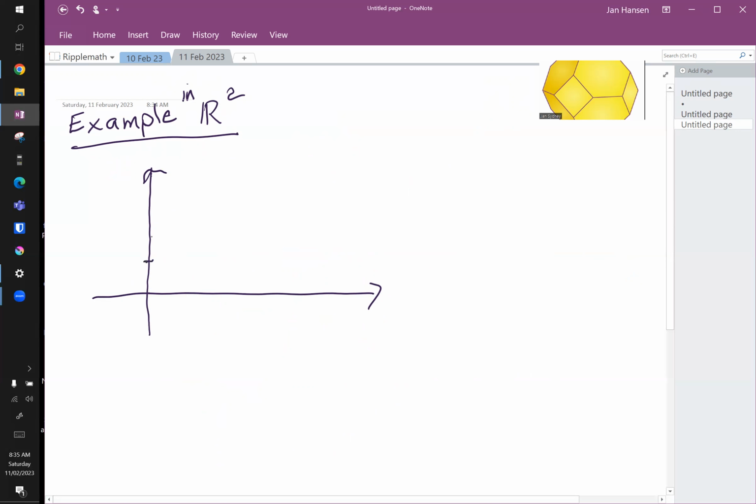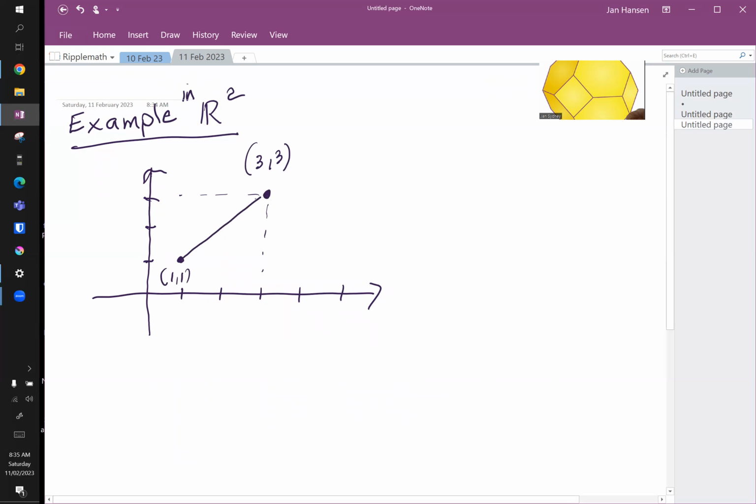If we take 1, 2, 3, 1, 2, 3, 4, 5, I'm going to take a point there and a point there. So that's the point 3, 3 and that's the point 1, 1.